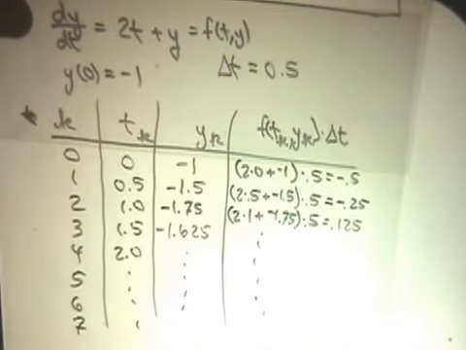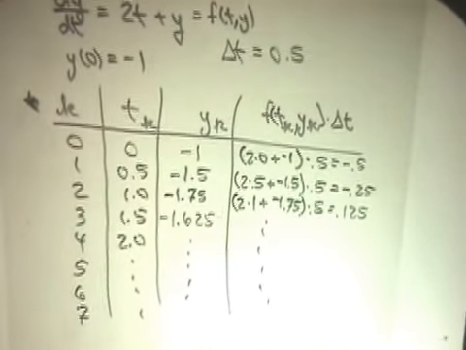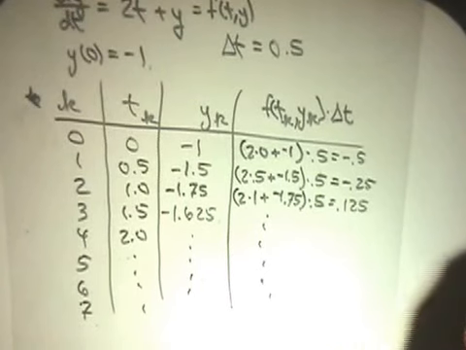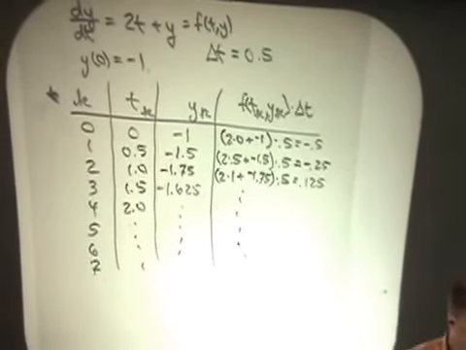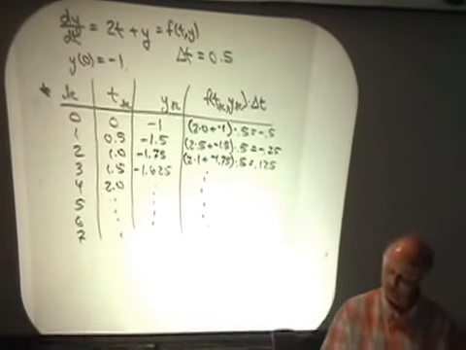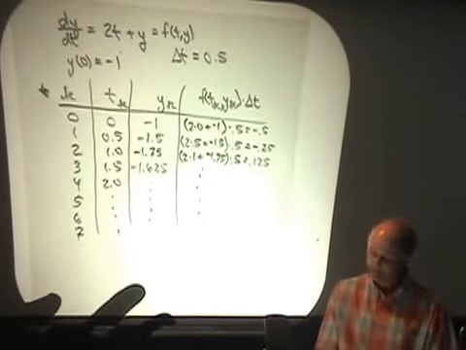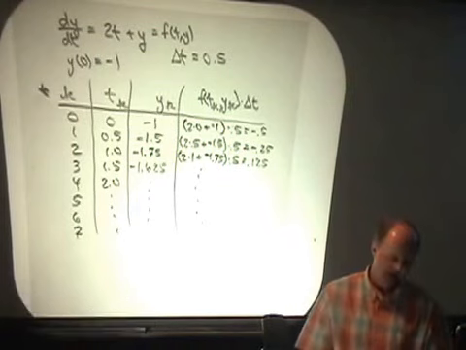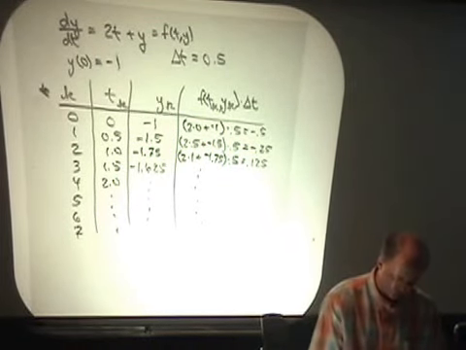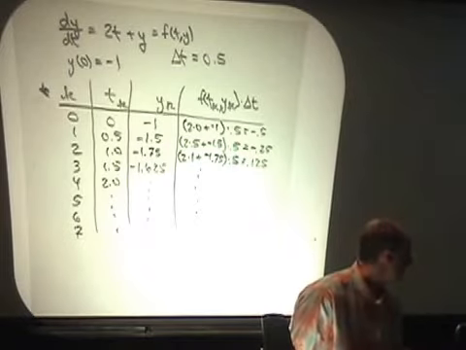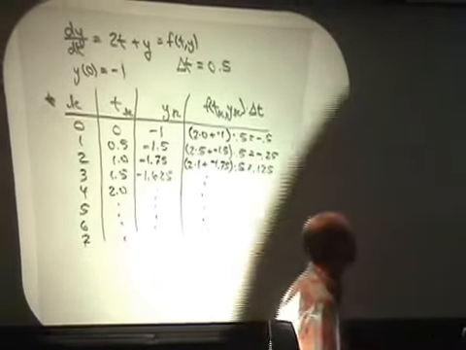Obviously, I could continue this as long as I wanted to get a polygonal curve that I could plot and hope would be close to the true solution. That's the idea of how to do it by hand. Let me just end with a couple things.